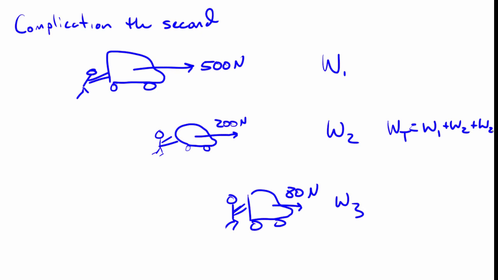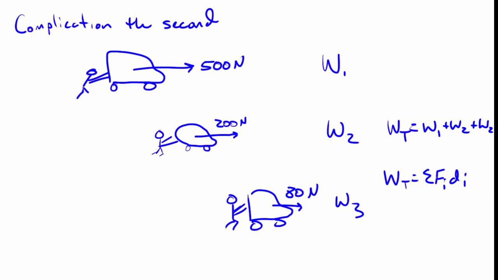But the problem is, that's making the assumption that I'm pushing for some fixed amount of time. So really, I'm pushing with a constant force, then a different constant force, and then finally a third constant force. So I get the sum of the force i times displacement i.